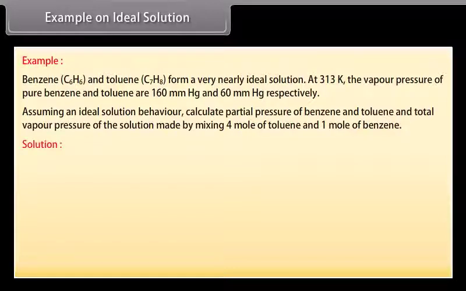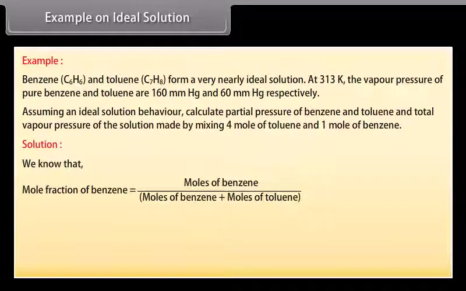Let's see the solution. We know that mole fraction of benzene is equal to moles of benzene upon moles of benzene plus moles of toluene whole. On calculating, we get mole fraction of benzene is equal to 0.2 and mole fraction of toluene is 0.8.